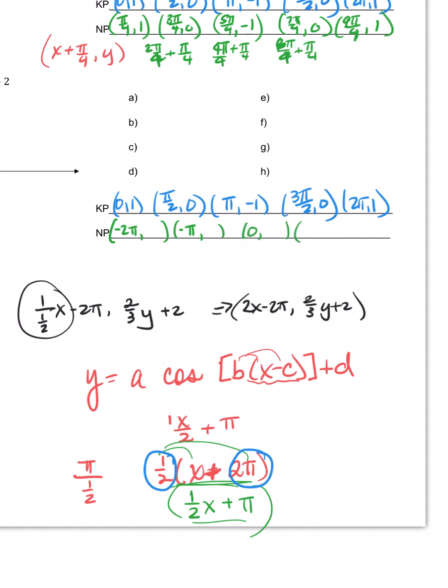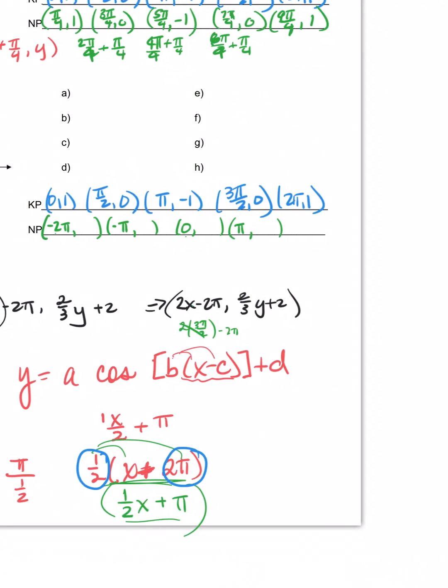Now, 2 times 3 pi over 2, what is that? That's 3 pi. Minus 2 pi leaves me pi. Do you see a pattern? We're going from negative 2 pi, negative pi, 0, pi, and guess where this one's going to end up? Back at 2 pi, surprisingly. So 2 pi times 2 is 4 pi, minus 2 pi gives me back 2 pi.